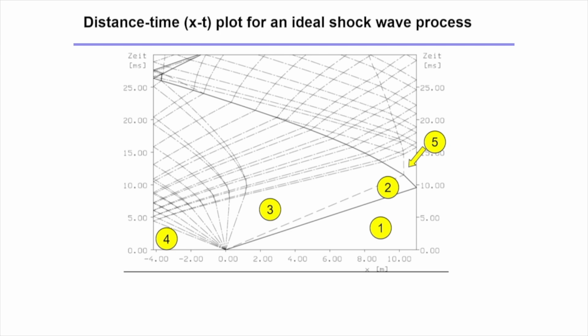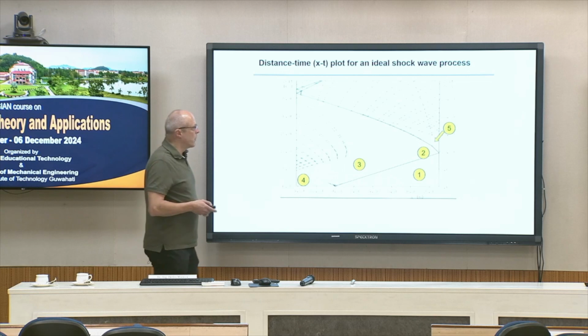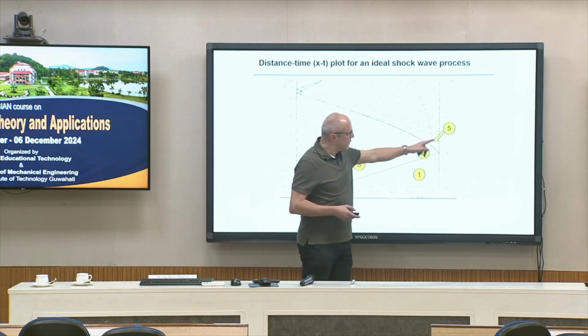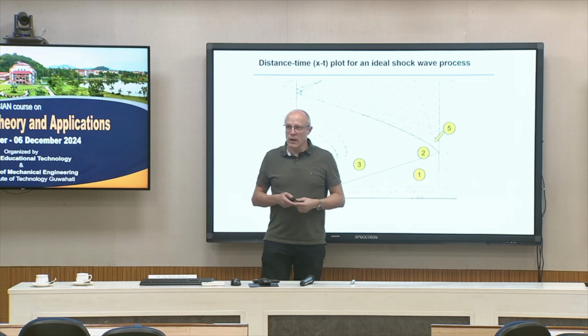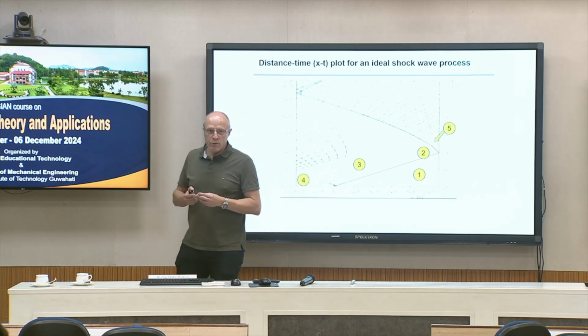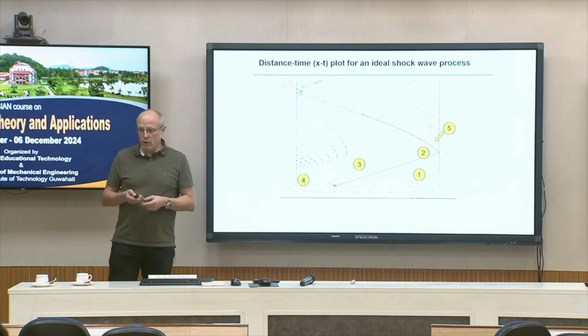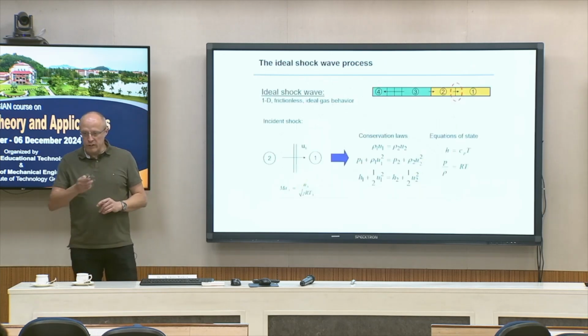And the observation time we have depends on which is faster, either the contact surface, which is here, reaching our observation volume, or this expansion fan reaching our observation volume. This depends on the tube parameters we have. But until one of them reaches this area, we have some milliseconds, hopefully, to observe the interesting conditions.